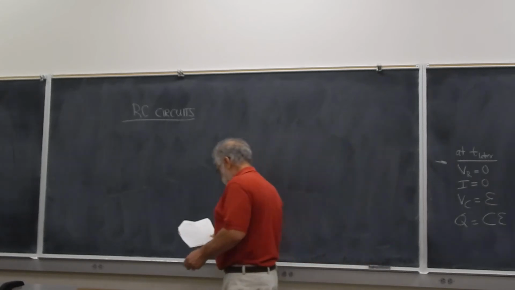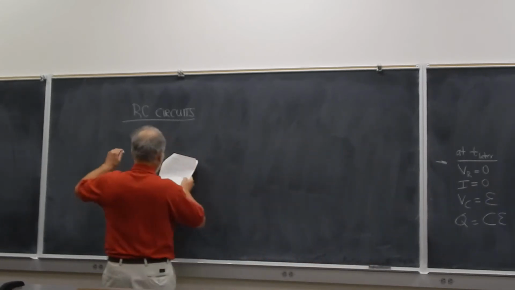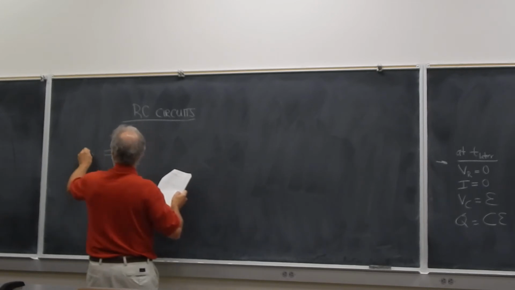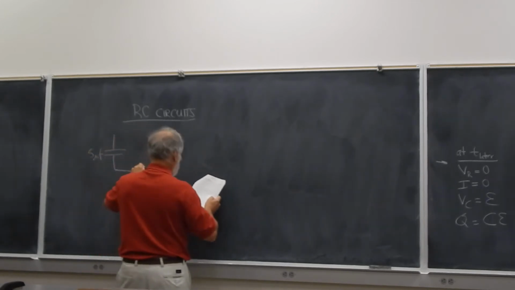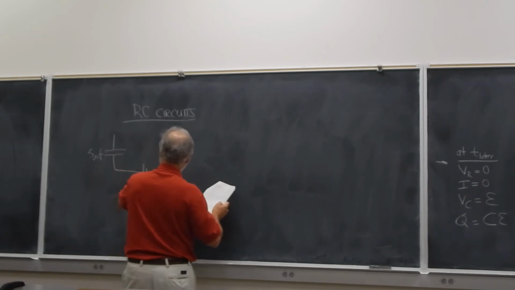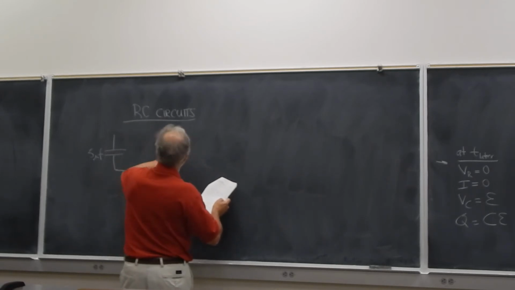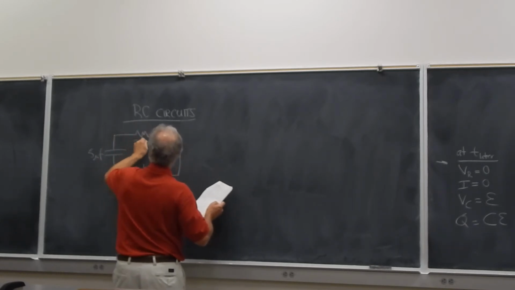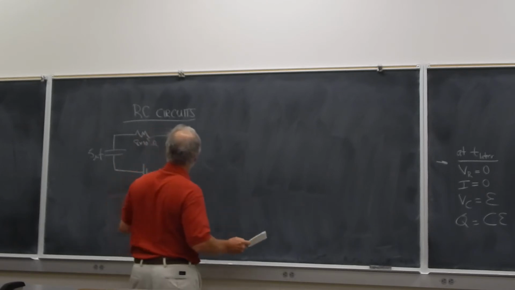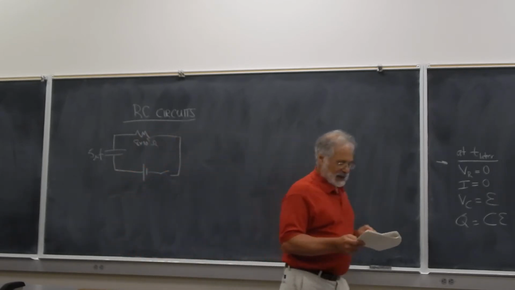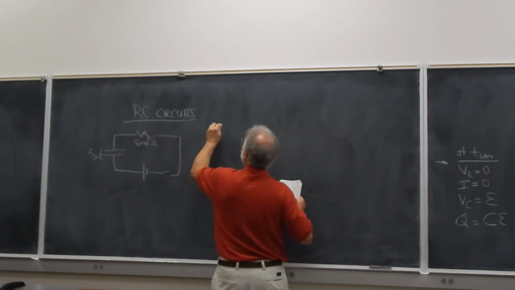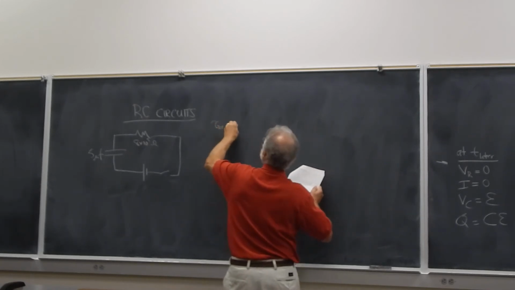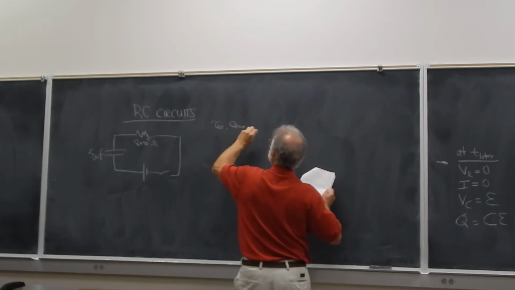Suppose I have an RC circuit where I have the following configuration. I have a 5 microfarad capacitor. I have a 12-volt battery. Here's my switch. And I have a resistor, 8 times 10 to the 5th ohms. And I want to find the following. I want to find the time constant. I want to find the maximum charge when the capacitor is fully charged.